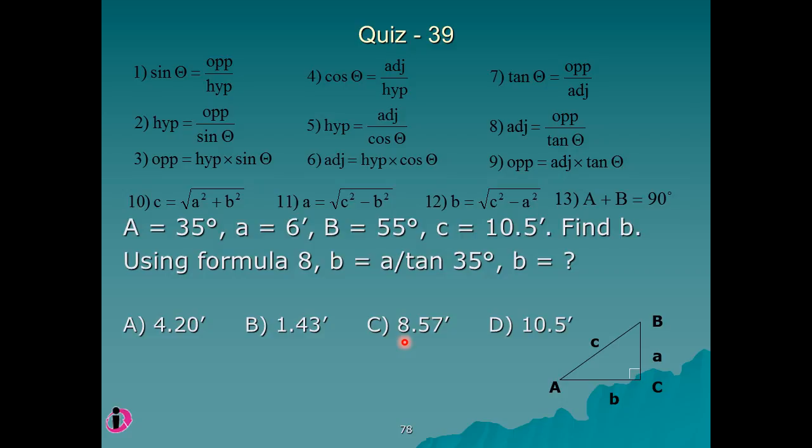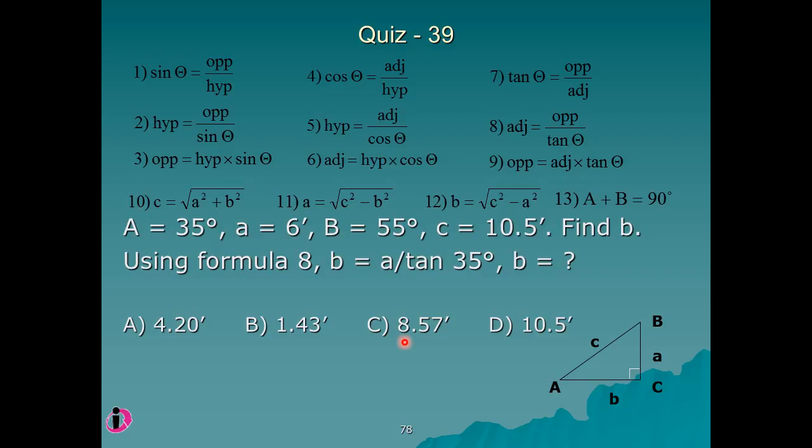And at some point, if you know a lot of information, you can use multiple formulas. The only catch is this: make sure you identify which one is your theta and which one is your opposite and adjacent, because based on the theta, opposite and adjacent get changed, right? So that's the tricky part.